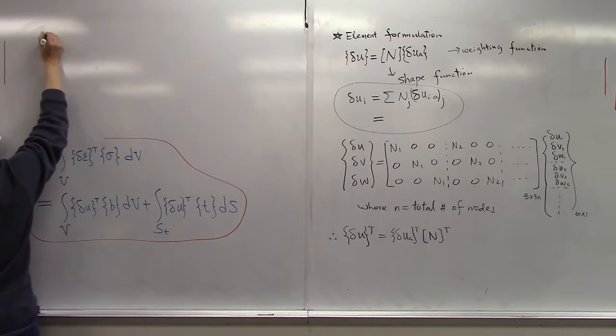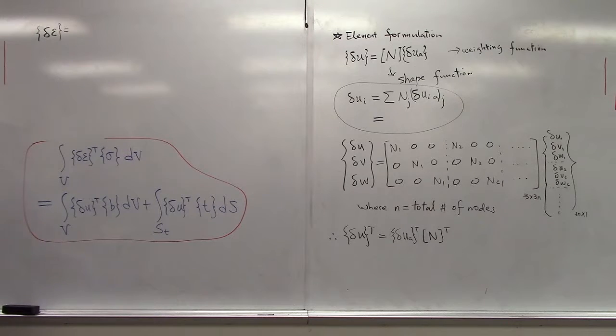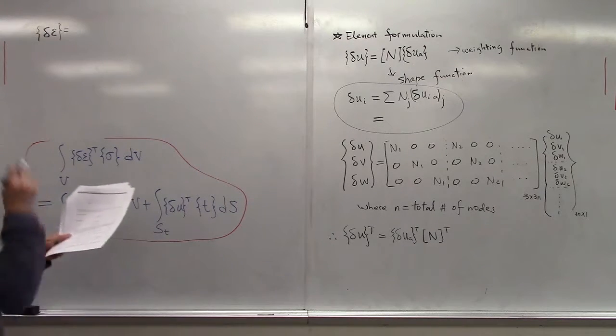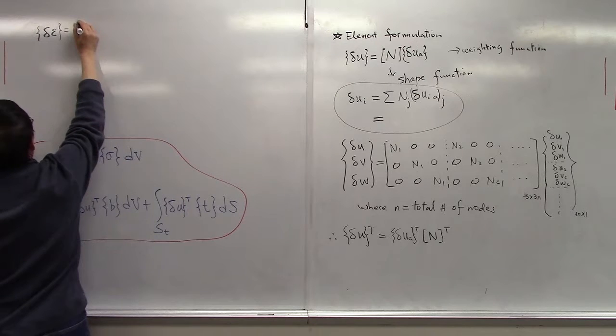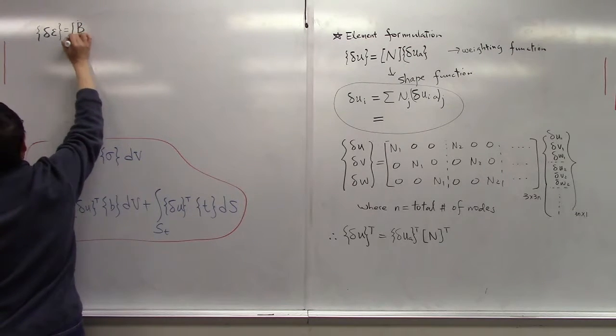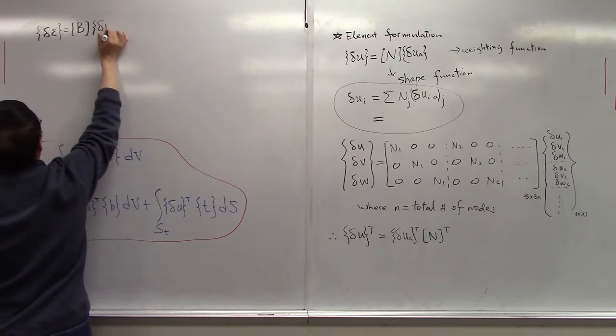Now, remember the formula to calculate the strain. Strains are a combination of the derivatives of the corresponding displacement field, right? We use the B matrix to represent that, and then we have this delta UA.